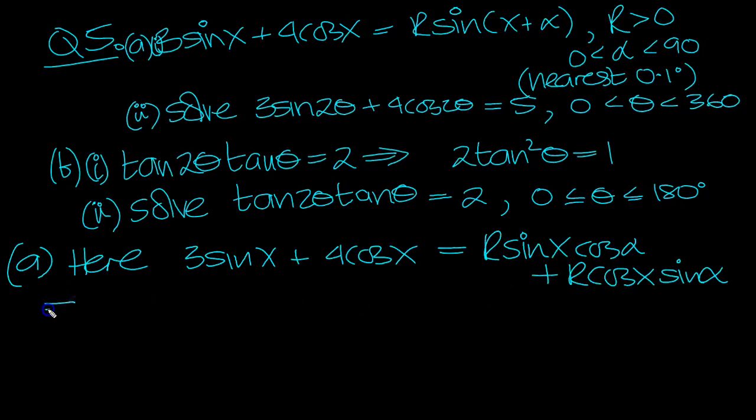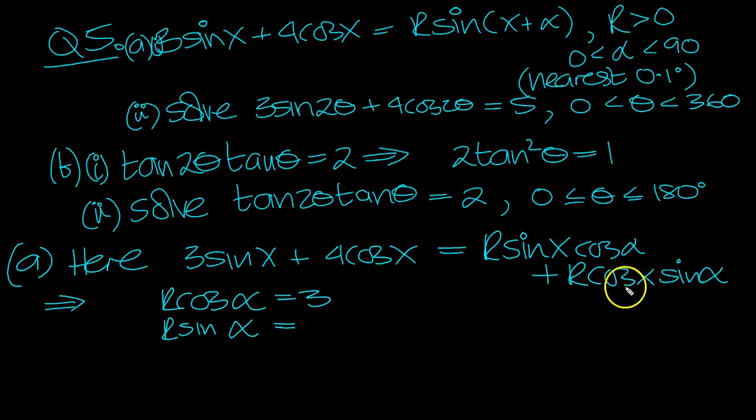So that implies that R cos alpha is 3 and R sine alpha equals 4. So we know that if we square this and square this, we'll get R squared and add them, and we get 25, so R equals 5.